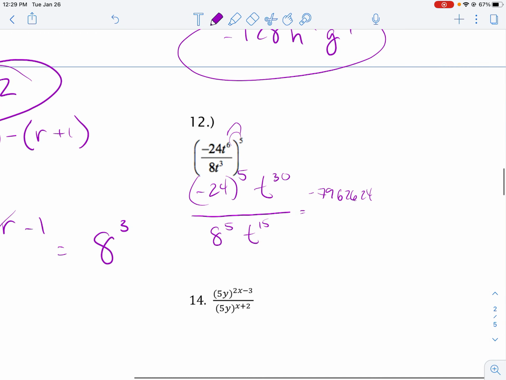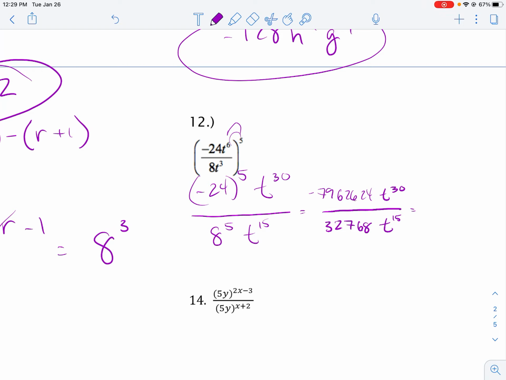That's going to be t to the 30, all over 8 to the 5th power, just 32,768, t to the 15. All right, so I'm going to go negative 7,962,624 divided by 32,768.